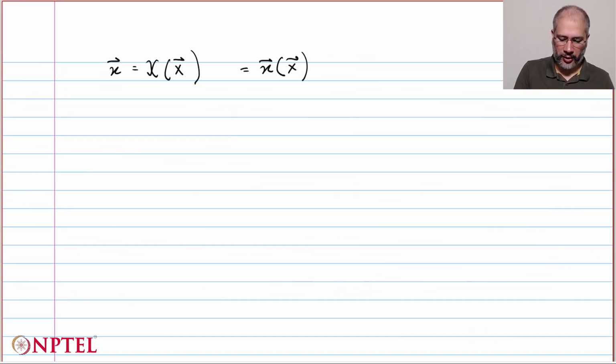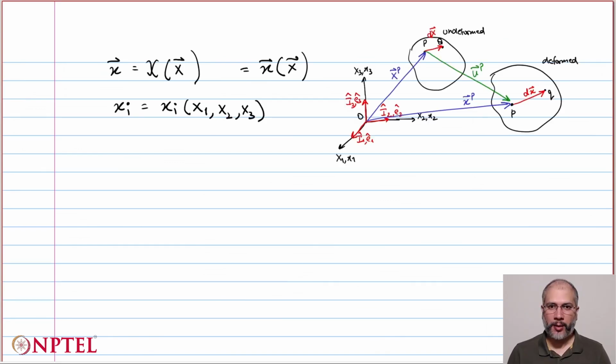If I write this in the index notation, I write the ith index of x, and then this becomes xi as a function of, now just to be explicit, I'll write this as capital X1, capital X2, and capital X3. But our interest is not in xi, our interest is in dxi, which is this vector here.